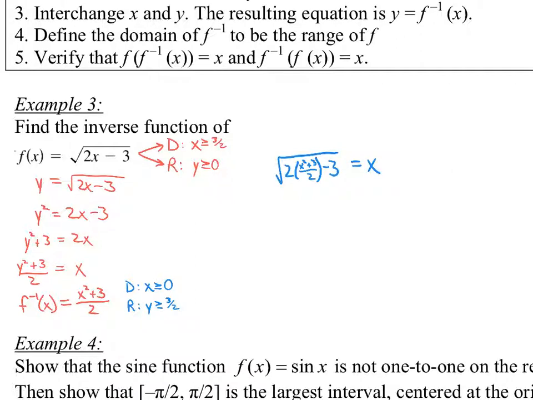And you would also show that radical 2x minus 3 squared plus 3 all over 2 equals x. I'm not going to show all the work for now. You guys can do the algebra, but you would show the work. Don't just say that. If you're told to prove it, show the work.